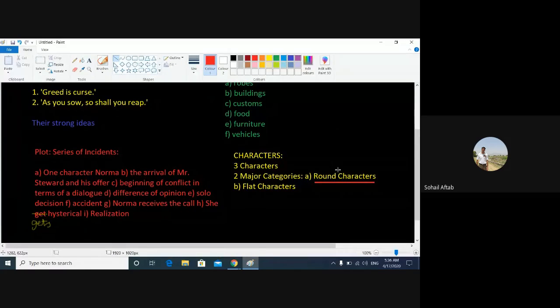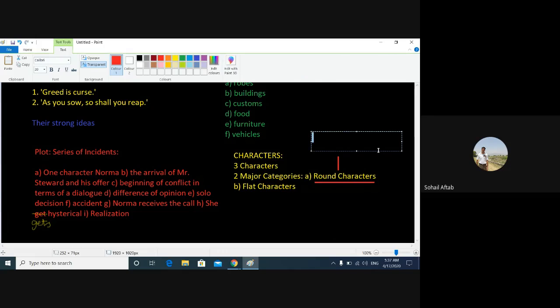And let me define what changing basically is. Round characters change in the story.